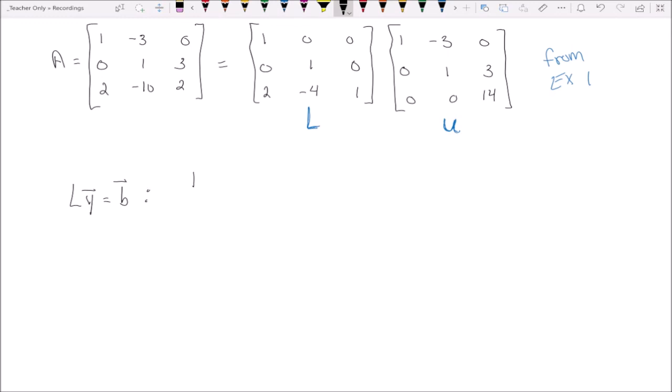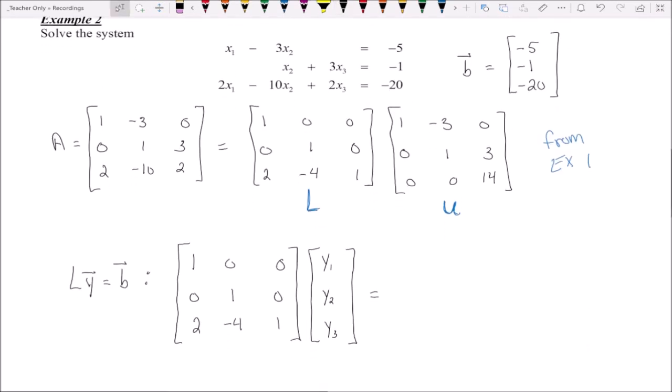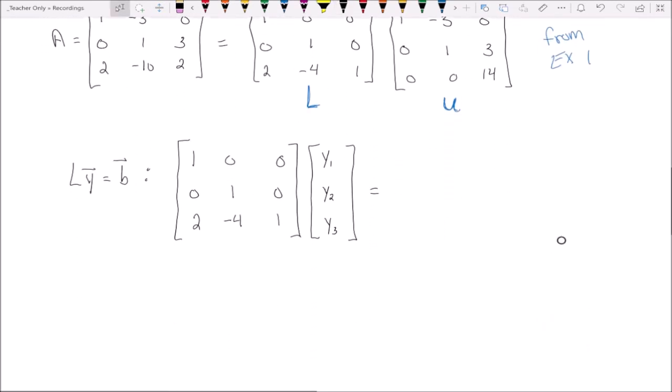Right, so L, 1, 0, 0, 0, 1, 0, 2, -4, 1, times our Y vector, Y1, Y2, Y3, is equal to our B vector, which was -5, -1, -20.